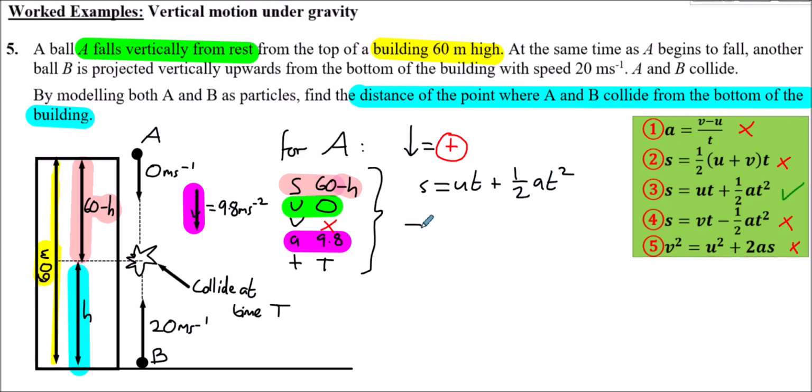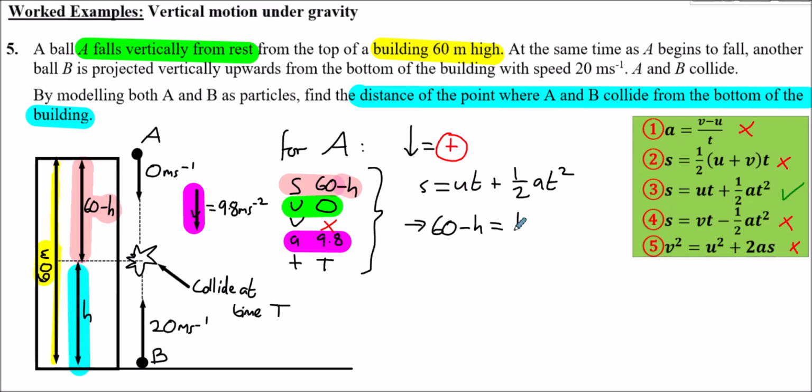So we're just filling in the information we got. So the displacement for A is 60 minus h. U for A, the initial speed of A is 0, so we'd leave 0t out of it because ut is 0t, which is just 0.